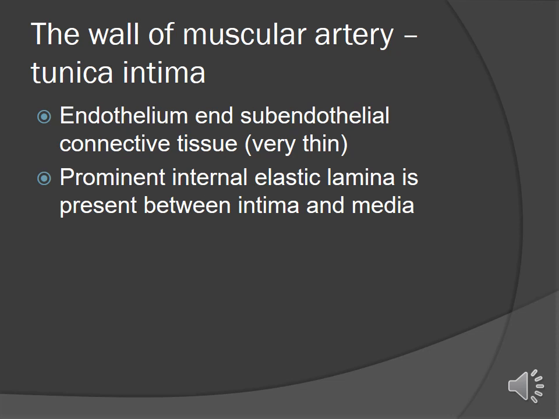The internal elastic lamina or internal elastic membrane, located between tunica intima and tunica media, is prominent and forms the boundary between these two layers. The internal elastic lamina is very well distinguished and very well visible when we use special staining for showing elastic material.